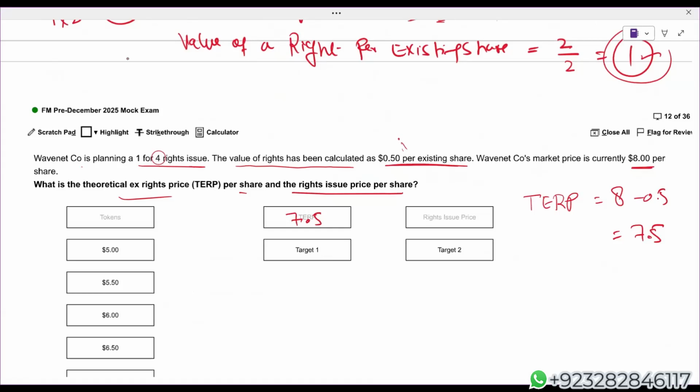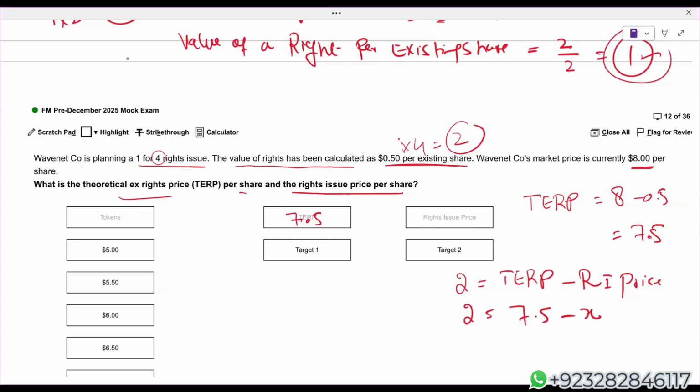So 0.4 multiplied by 4 will give us a value of a right per new share of $1.6. The value of a right per new share is equal to theoretical ex-rights price minus rights issue price. Theoretical ex-rights price minus X. So logically your rights issue price is the theoretical ex-rights price minus the value of a right.